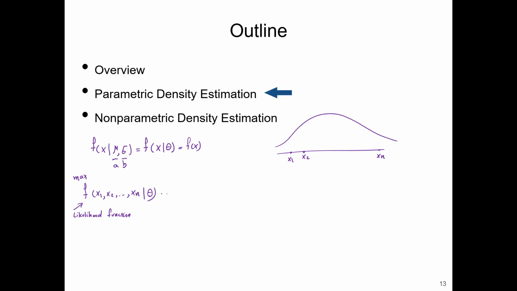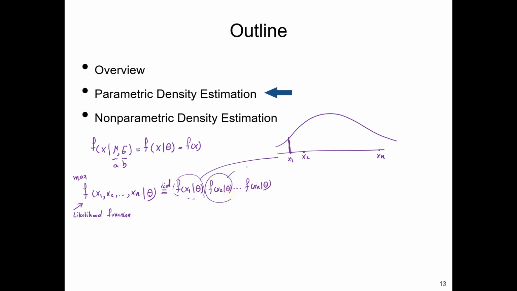So if it's IID, how can I write it? f of x1 given theta, multiplied by f of x2 given theta, and so on to the last one. So what is f of x1 given theta? This value, right?